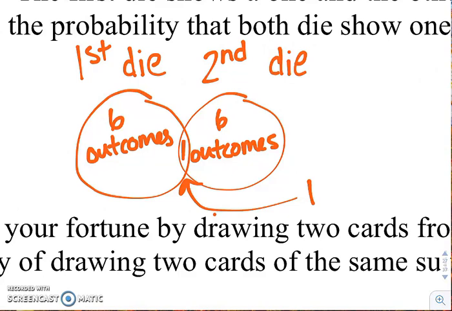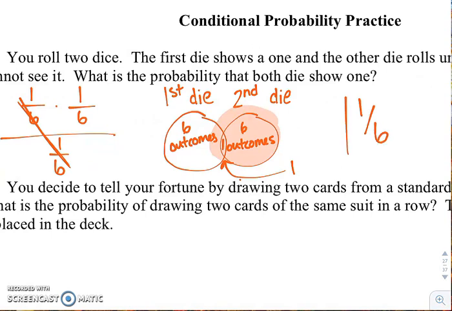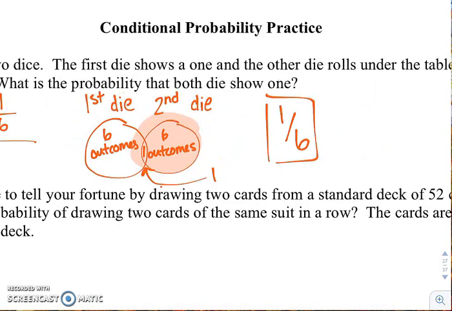The first die has one option, the second die has one option for there to be a 1. So again, your total would then be 1 out of 6. That would be 17% if you divided it.